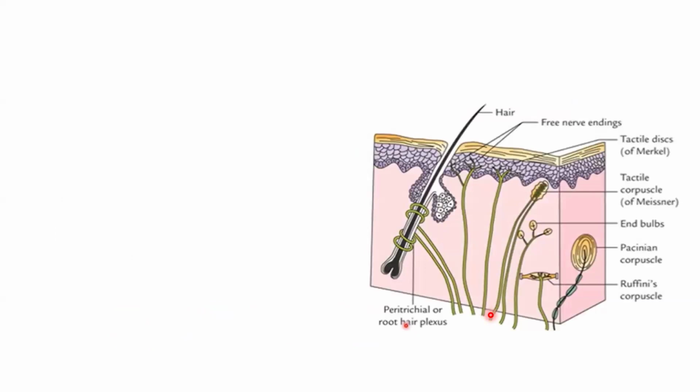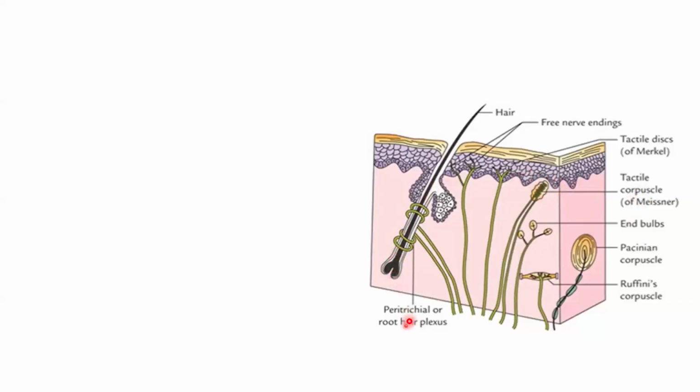Then we look at this. I presume you saw the location, we saw the Pacinian corpuscles found in the subcutaneous tissue. We have Ruffini corpuscles for heat, Krause end bulbs for cold, Meissner's receptors for fine touch.